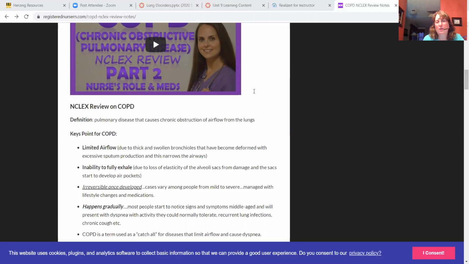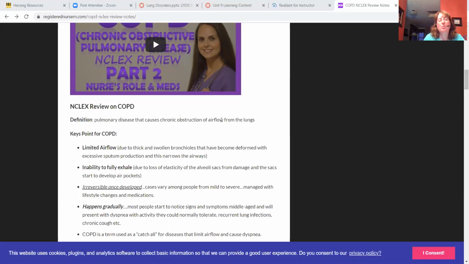So again, some people can have mild COPD and some people have really severe. It's not something that happens quickly. It happens gradually over time. Usually people start to notice signs and symptoms when they're middle-aged, and then they'll present with shortness of breath with activity, and then they'll have recurrent lung infections and chronic cough and all these things.